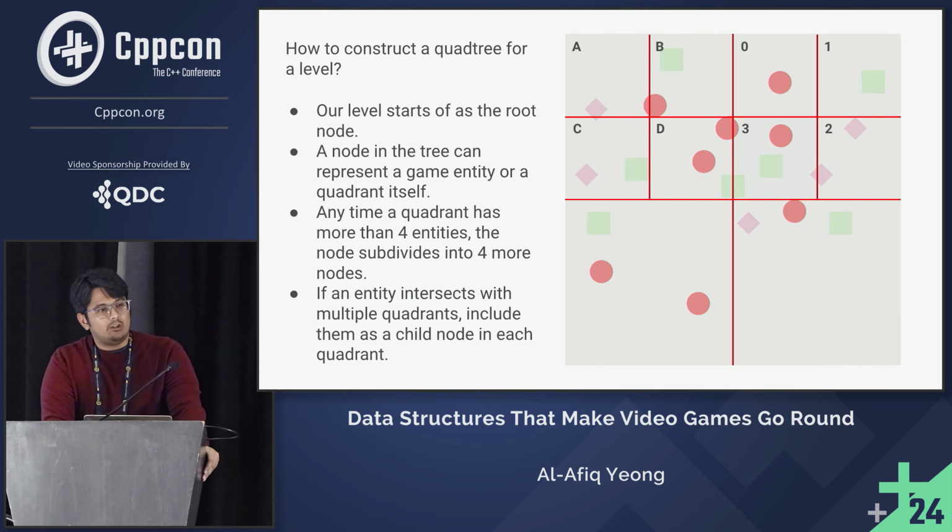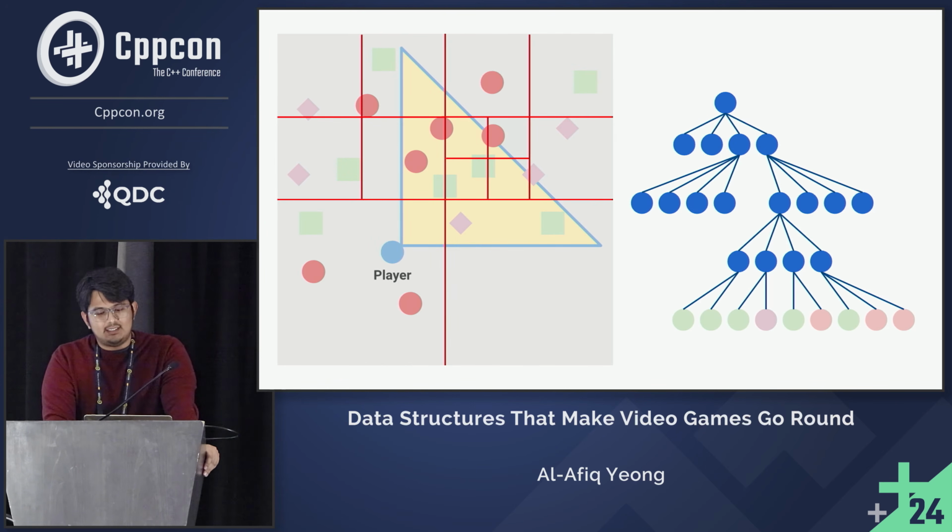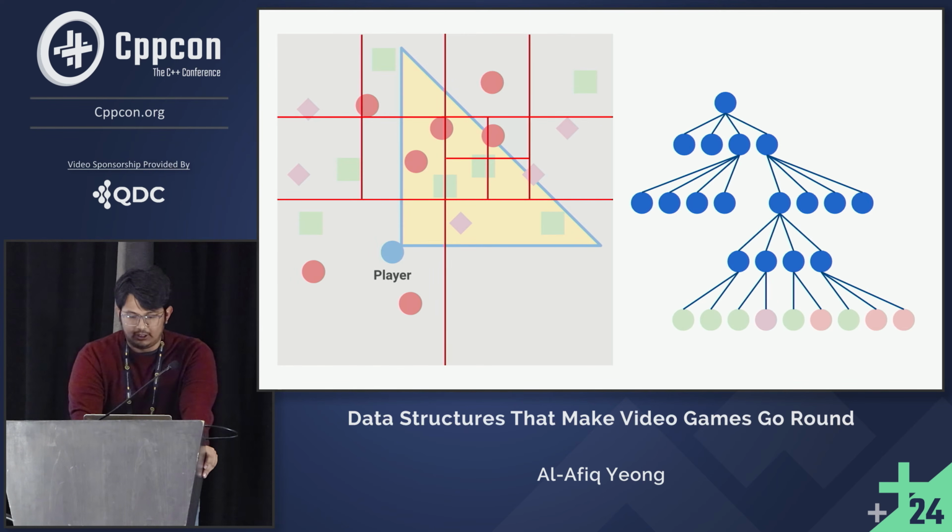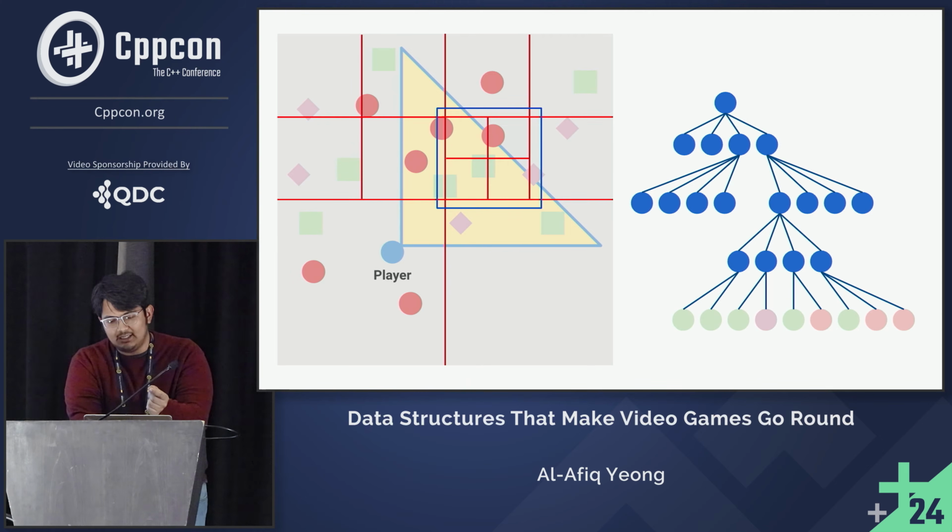And the rule is if we have more than 4 game entities, we subdivide. So, yep, we're going to subdivide that. And when you construct a graph, it basically looks like this, right? Then we're just going to focus on the innermost quadrants and do a search to add those entities into our list of things that need to be sent to the renderer.